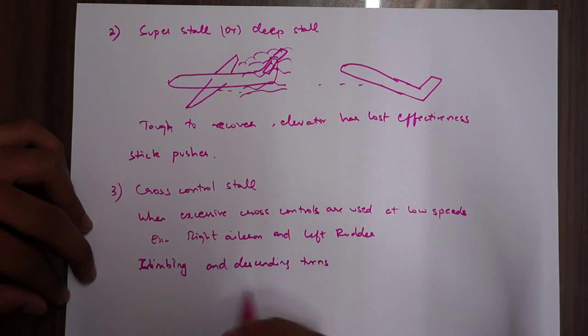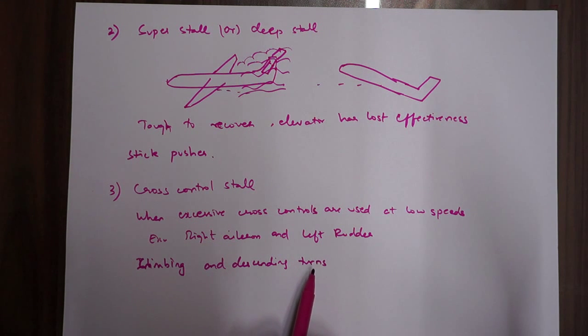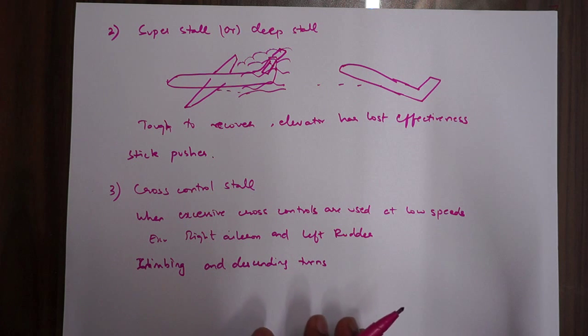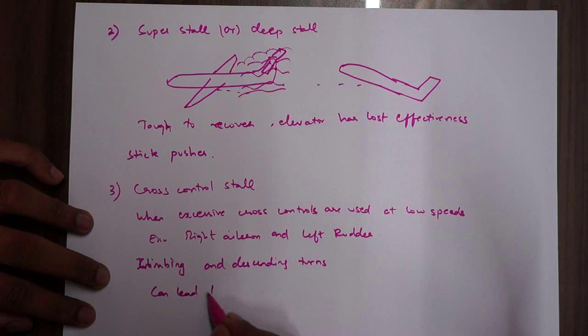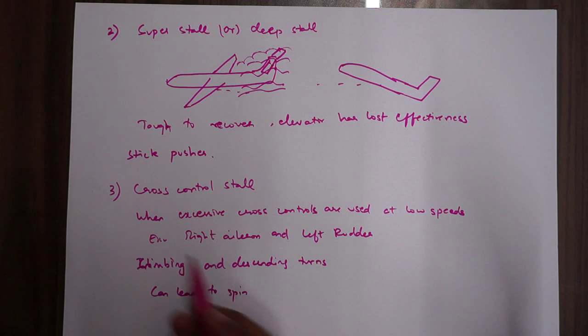So when suppose your aircraft is doing a climbing turn and your speed is low, at that time if you apply a lot of cross control, the left aileron or right rudder or whatever to maintain, if you're out of coordinated flight, this can lead to a cross control stall or a basic normal stall, which can again lead to a spin. Okay, so is that clear? So this was about different types of stall. Now we'll discuss spin.